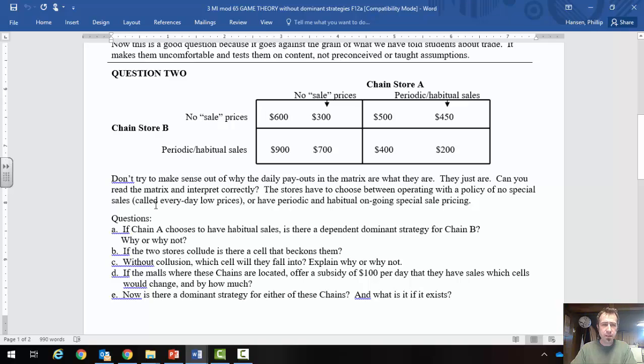Now, if chain store A chooses to have habitual sales, so they're going to choose this choice, is there a dependent dominant strategy for chain store B? Basically, we're going to pretend we're chain store B, and we know that chain store A is going to do habitual sales.